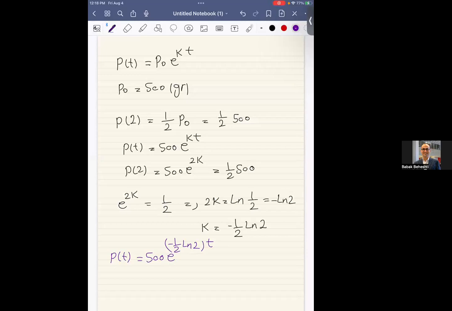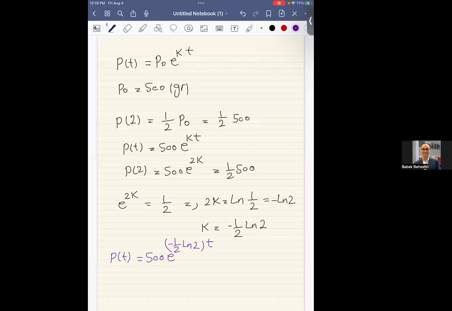Can you simplify this number, e to the power minus ln of 2? Minus ln of 2 is a number, right? But you can also simplify e to the power minus ln of 2. This is the answer. We are done now.